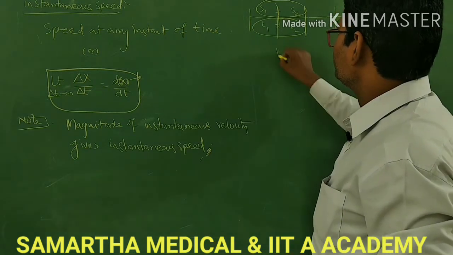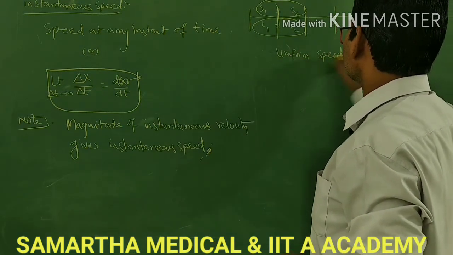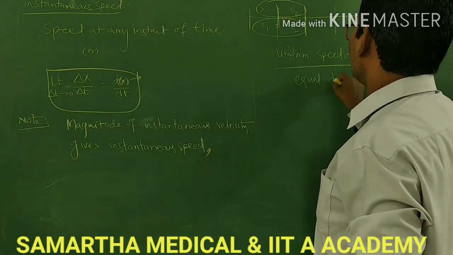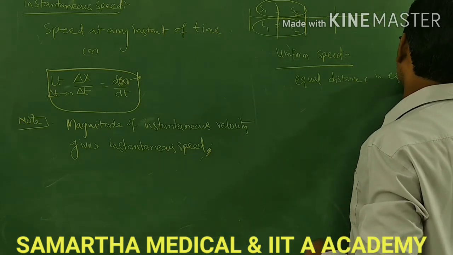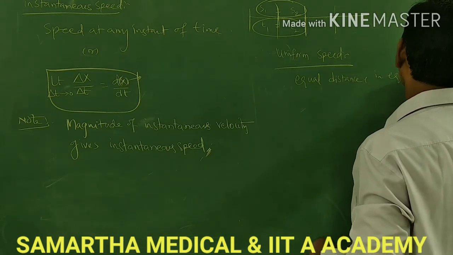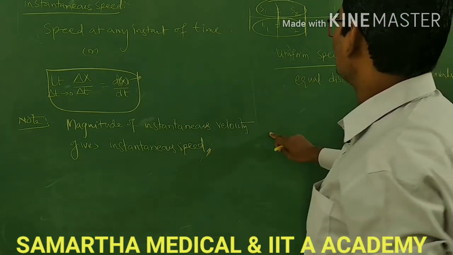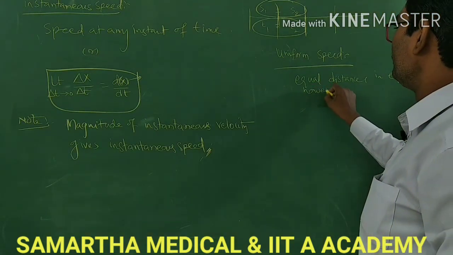Next. What is uniform speed? The body covers equal distances in equal intervals of time, then the body is said to be moving with uniform speed, however small the time intervals may be.